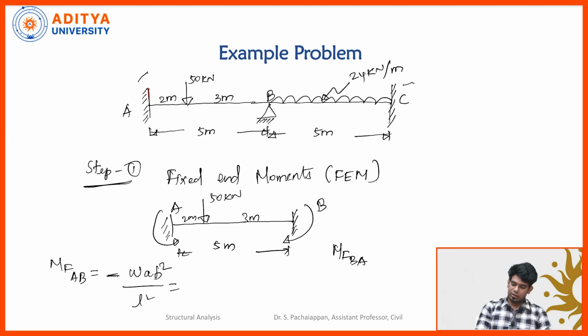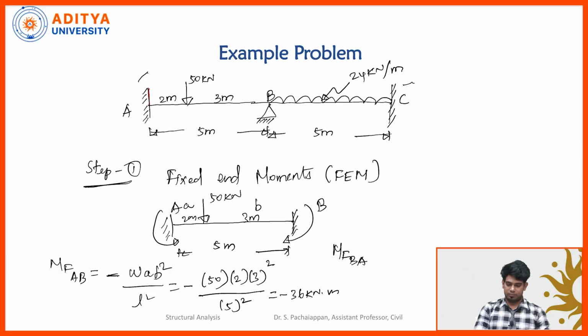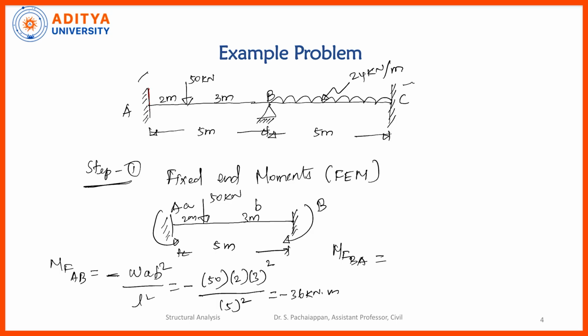Substituting, W is 50, A is 2 meters and B is 3 meters, B square divided by L square, 5 square. What I am getting here is minus 36 kilonewton meter.